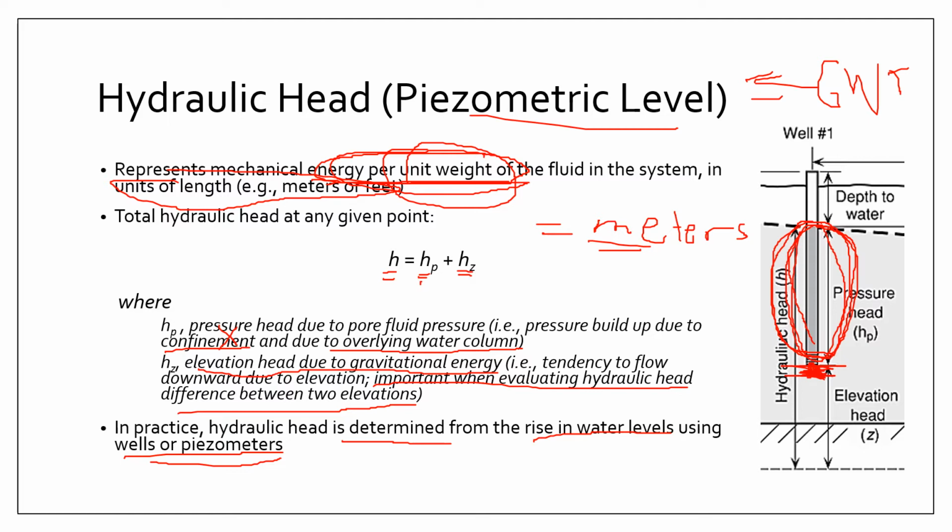In this case, once you insert a piezometer or a well, the water will surge out of your well, so your piezometric level is definitely greater than your groundwater table for confined aquifers.